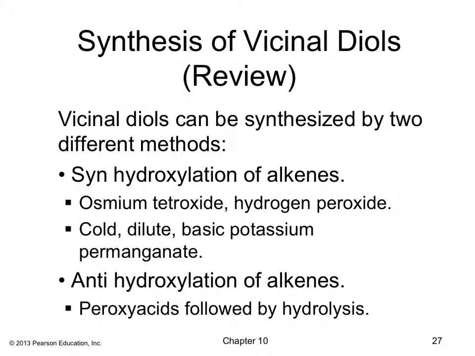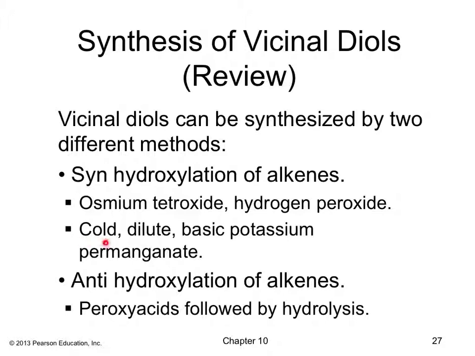Synthesis of vicinal diols, in terms of review. Vicinal diols can be synthesized by two different methods, right? You can have the syn hydroxylation of alkenes: osmium tetroxide with hydrogen peroxide, or cold dilute basic potassium permanganate. Remember, if it's not dilute but concentrated and hot, this ends up over-oxidizing alkenes to form carboxylic acids and ketones.